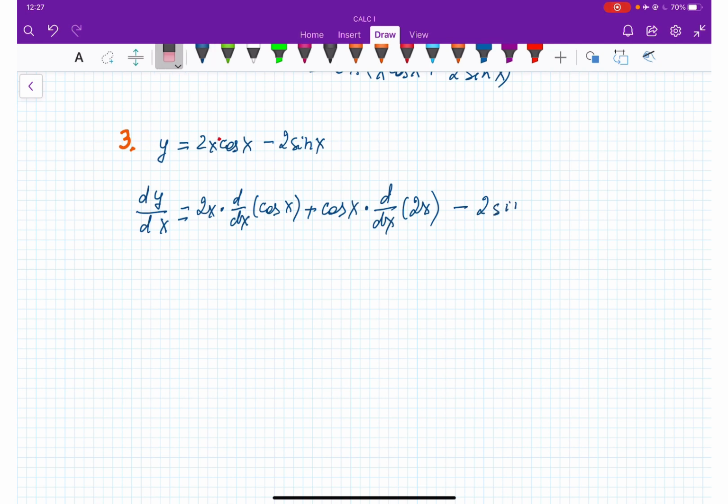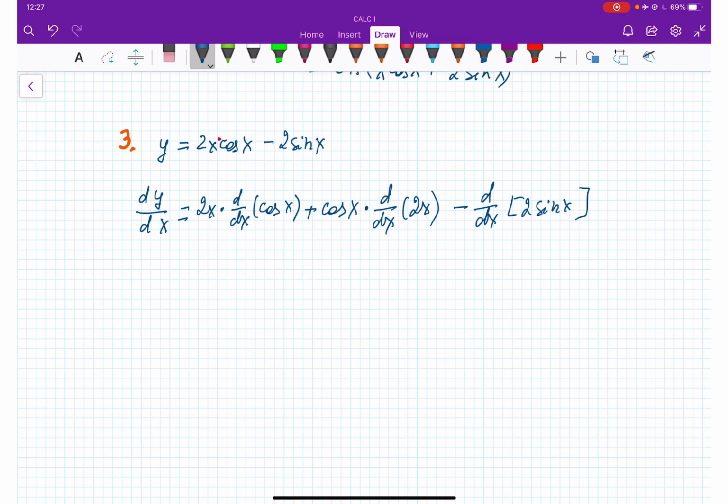Okay, let me rewrite because it's a subtraction, so sum and difference, we already learned it, so just take d by dx for 2 sine x, okay? All right.